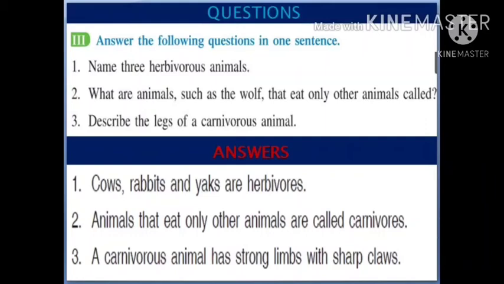Question number 3. Answer the following questions in one sentence. First, name 3 herbivorous animals. Answer: cows, rabbits and yaks are herbivores.